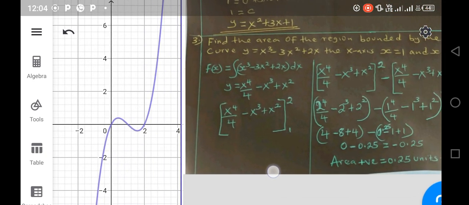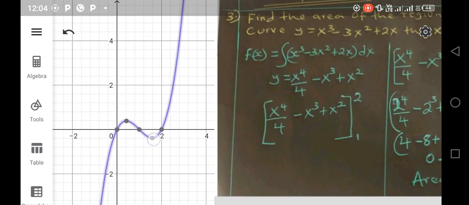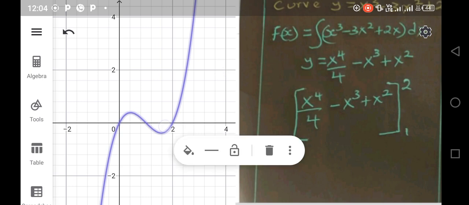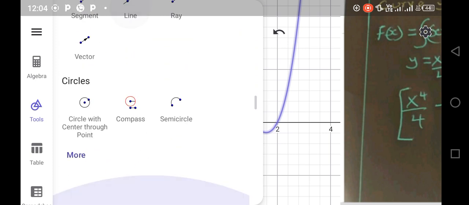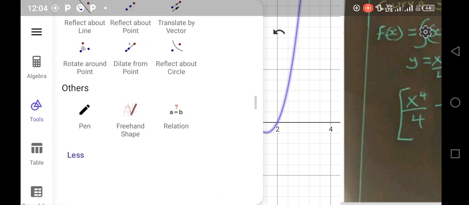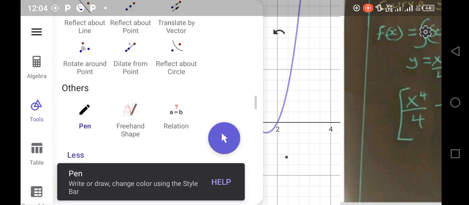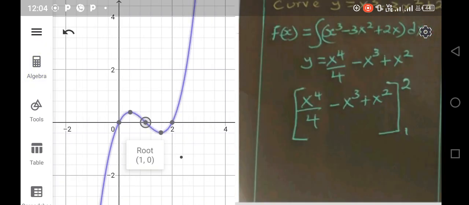As we can see, our area of interest is this particular region. Let's see that particular point clearly. So this is the region that we're going to find the area of.